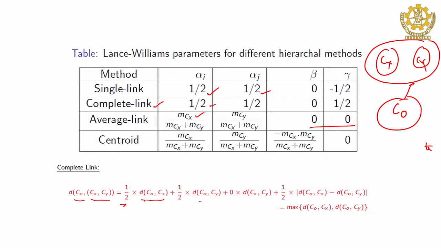So, the distance from C0 to Cx is the first term, and its coefficient alpha i is half, and then the distance from C0 to Cy is half, and this value is 0. The distance from Cx to Cy, no need to know here. And the rest is half of the distance C0 Cx minus distance C0 Cy. Now, if you compute it, what do you get? Half of the distance C0 Cx minus distance C0 Cy.